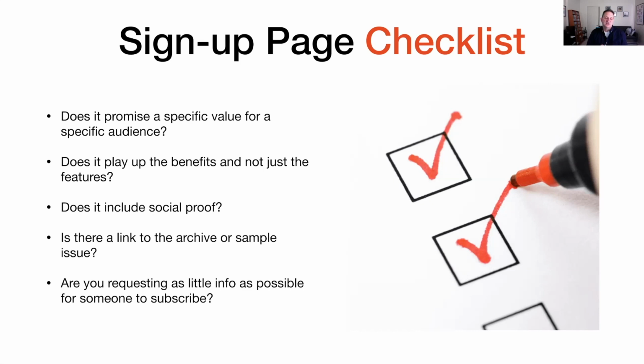And then the other thing is, are you requesting as little information as possible for someone to subscribe? A lot of businesses in particular do this wrong. I get that you want as much information about people as you can. You want their names and their address and their phone number and all that stuff. Every extra form or bit of information you ask people for will reduce the number of people who subscribe.